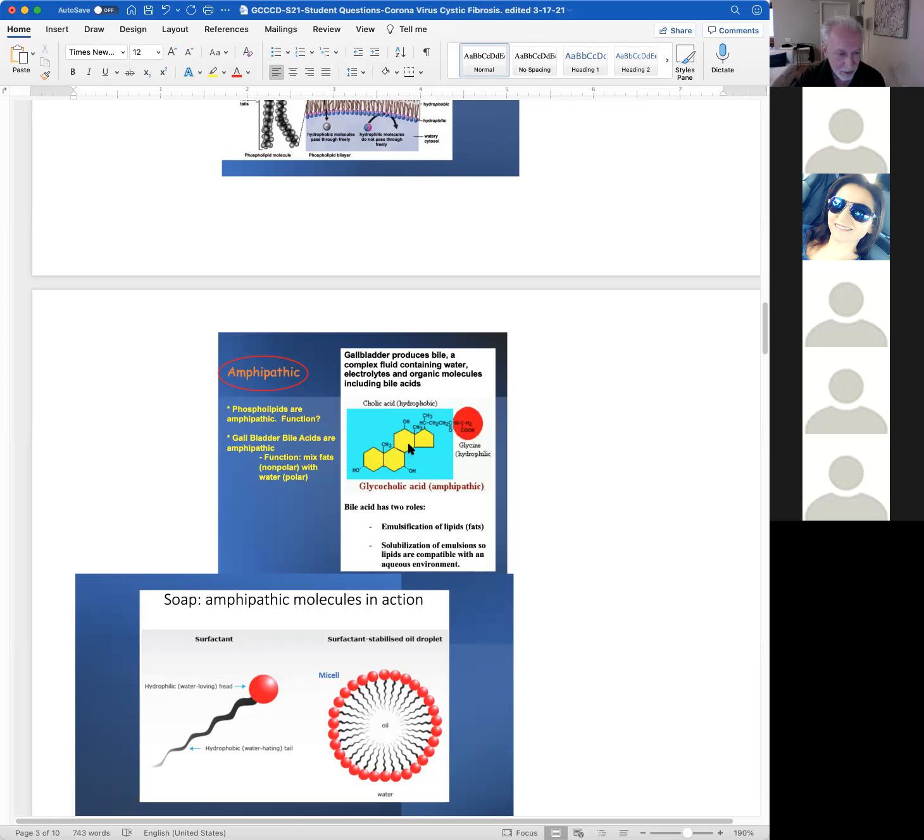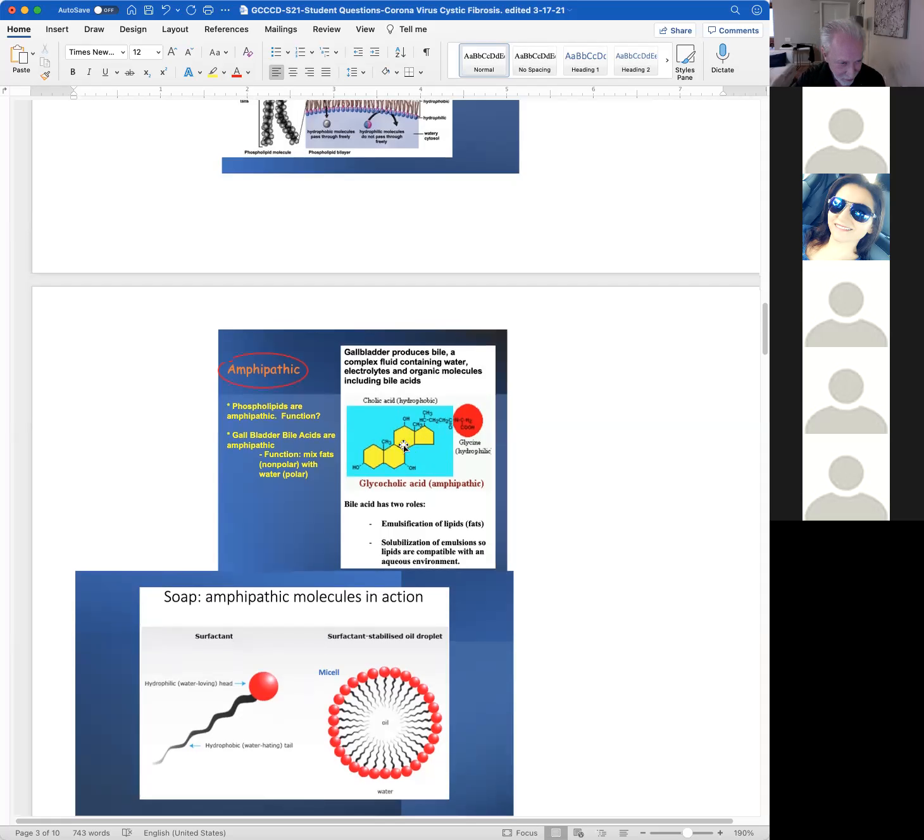And what is the function of being that way? It's to allow digestion of fats. All the components of the food you eat are compatible with water. They're water soluble, but fats are not. But yet they're a major component of our diet. So how do we extract energy from fats?